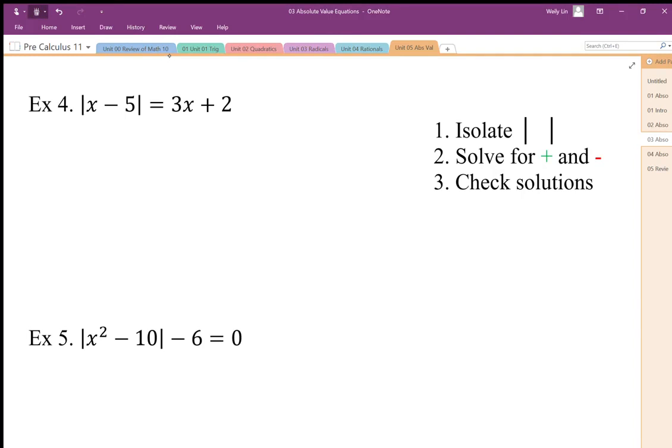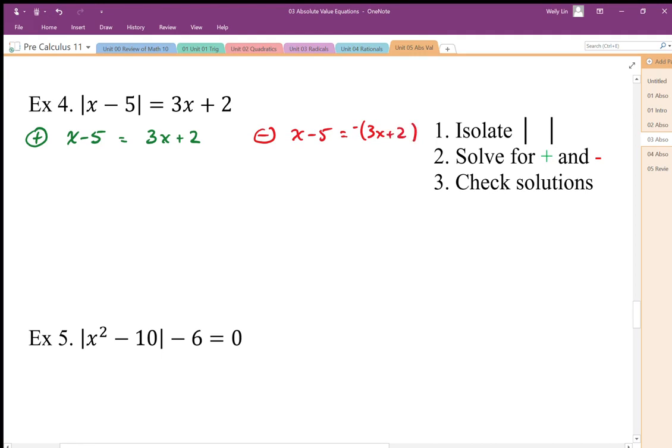Okay, so let's try this then. We can consider our positive domain problem where we have the inside equals, and let's just say that this is the positive version. And then the negative version must look like this: the inside is equal to the opposite of that.